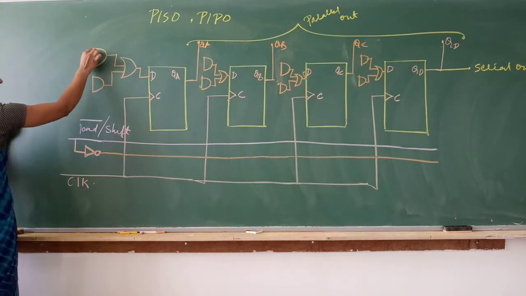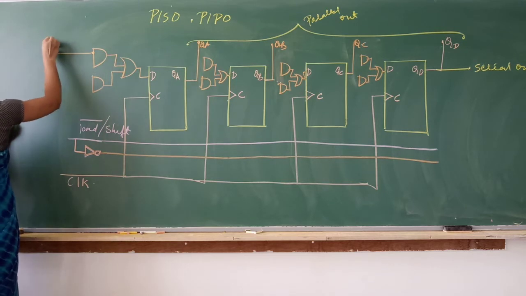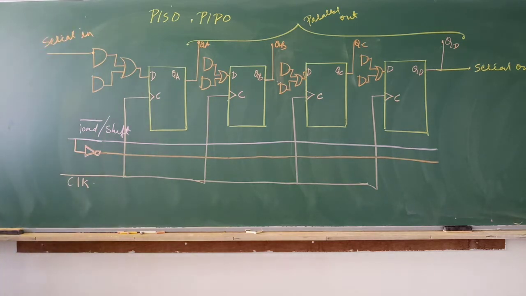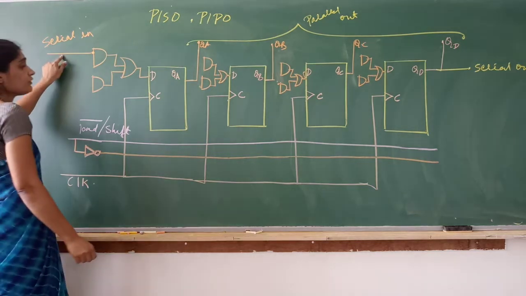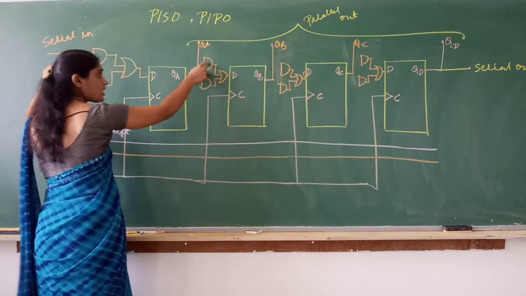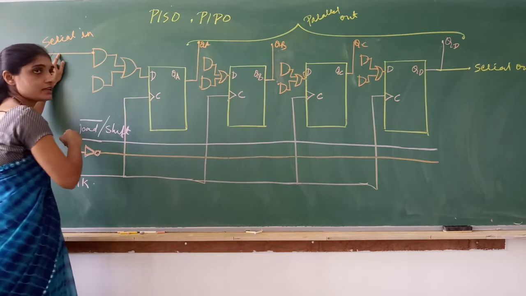Now, what are the inputs to the AND gate? To the first AND gate, the input is serial in, which you are giving externally. Same way, for the other AND gates, one of the inputs is serial in for the first.